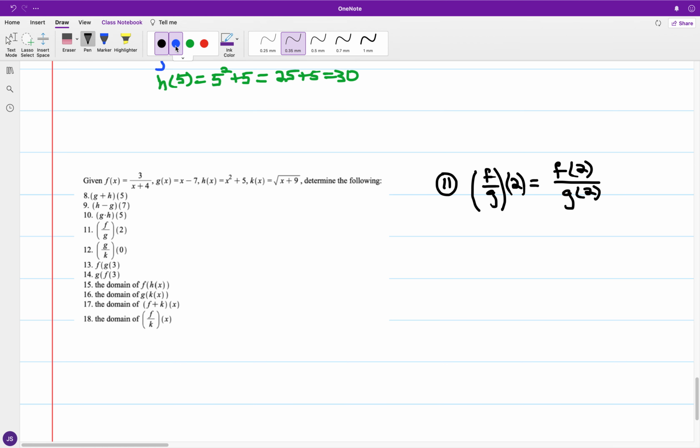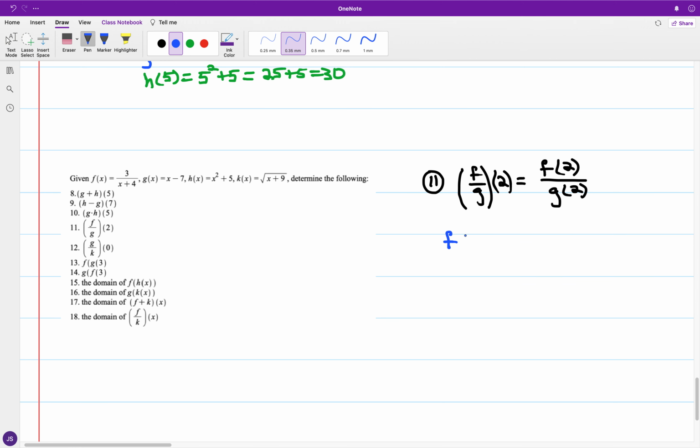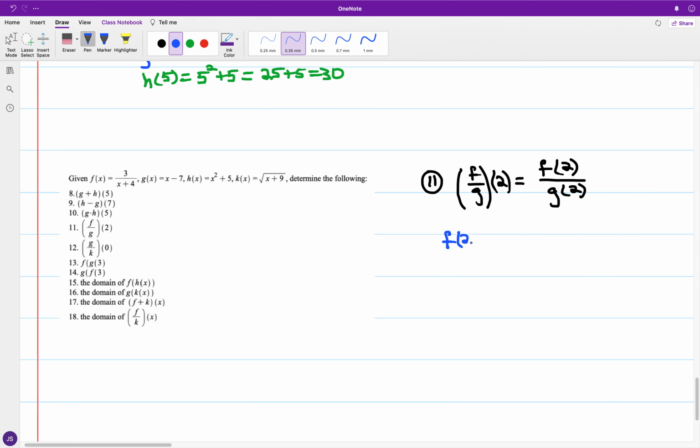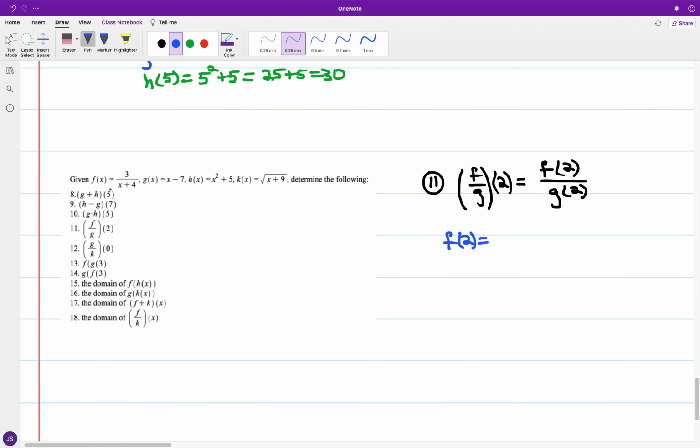Specifying f of 2, we're referencing f of x, which is equal to 3 over x plus 4, and with x at 2 you have 3 over 2 plus 4, which is 3 over 6, and 3 over 6 is reducible to 1/2.